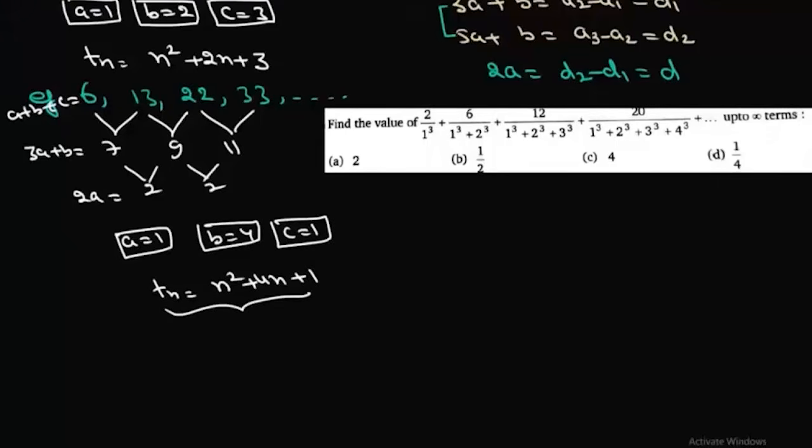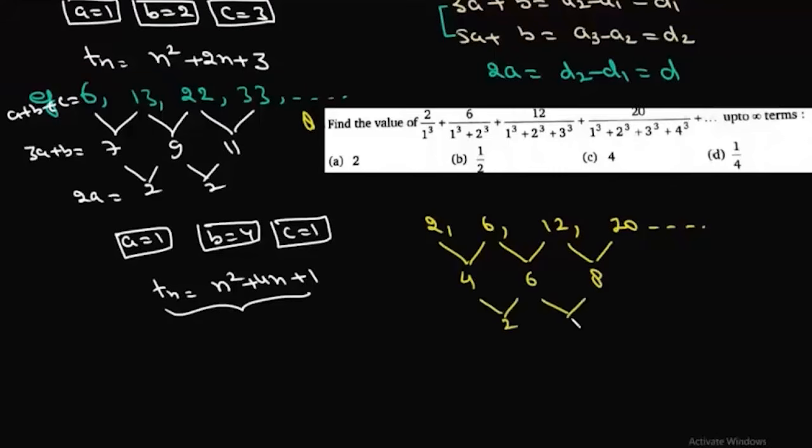Now let us take another question, and here we need to find the sum of the series up to infinite terms. What we'll do is we'll find the sum up to n terms. Now in the numerator we have the series 2, 6, 12 and 20 and so on. We'll write the differences: 6 minus 2 is 4, 12 minus 6 is 6, 20 minus 12 is 8.